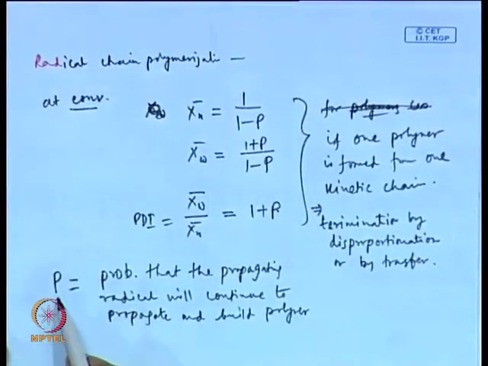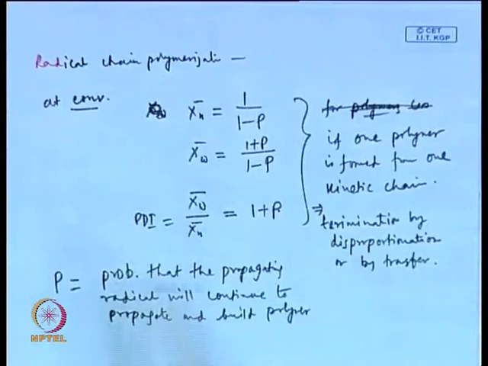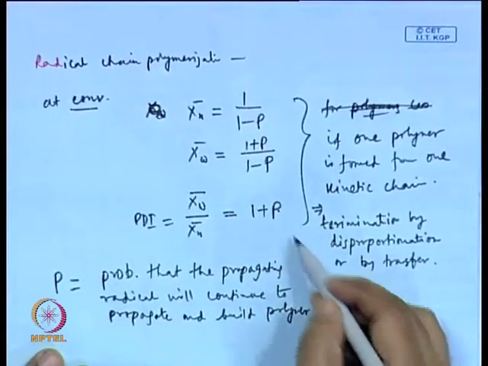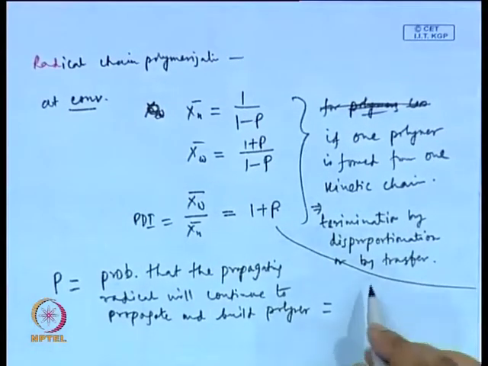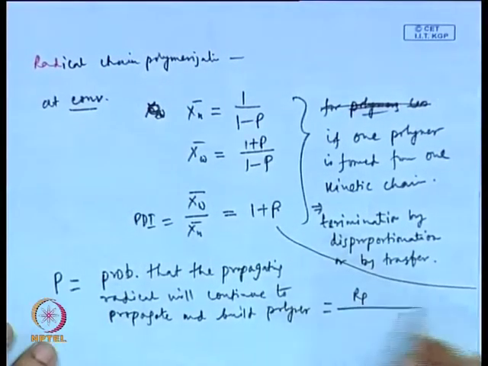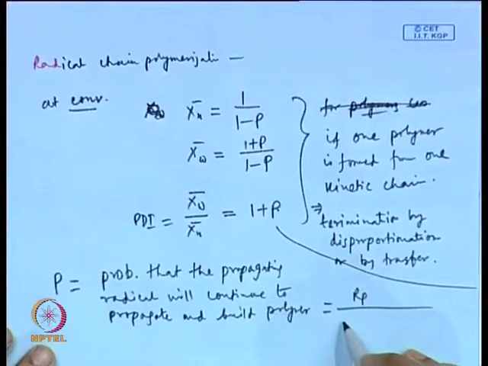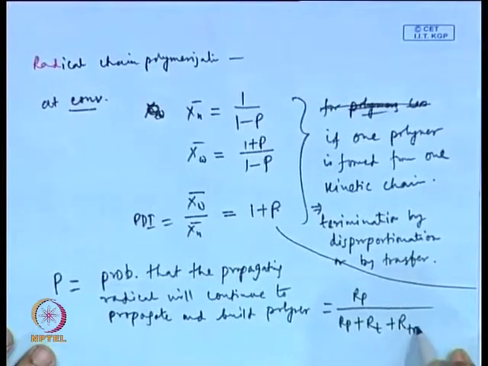So, P is not the conversion, unlike step growth. P is a probability that a propagating radical will continue to propagate, that means continue to react with monomer, which will be given by the ratio of the rate of propagation to the rate of propagation plus rate of termination plus rate of transfer.